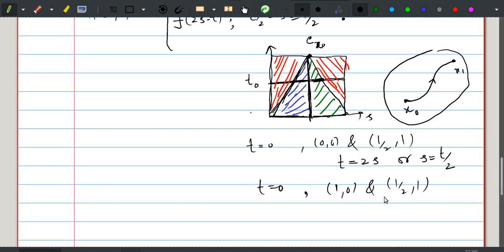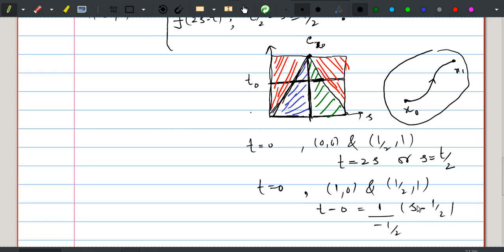So this is the line t minus 0 is equal to the slope times s minus x1. The slope is 1 minus 0 divided by 1 by 2 minus 1, that is minus half, times s minus 1 by 2.